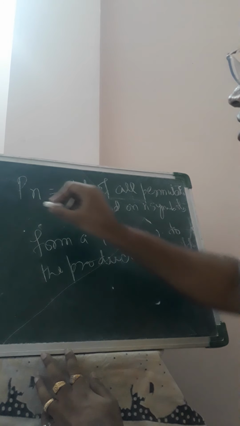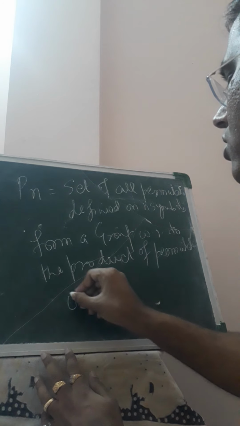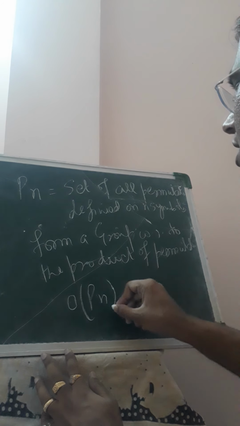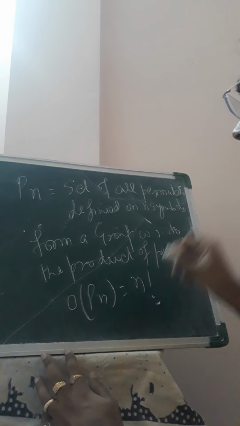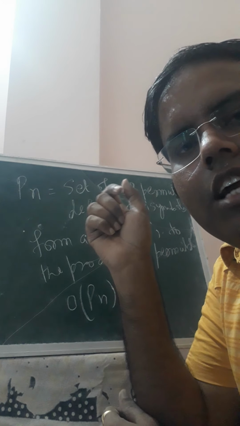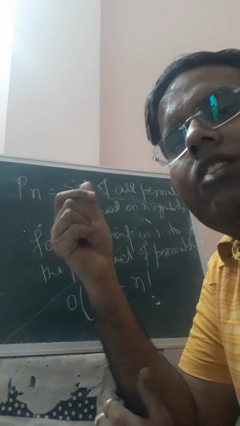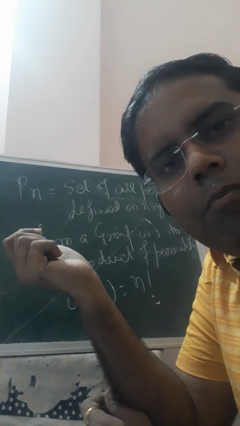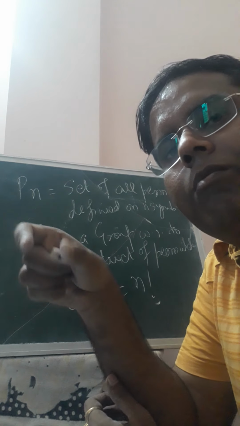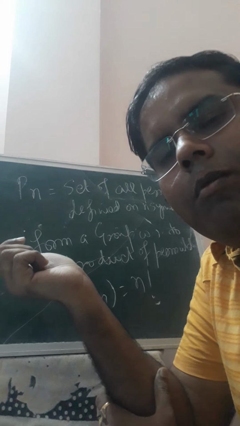And since there are total n factorial permutations on this set, the order of this set is n factorial. We can easily see that this set satisfies all the properties of a group. It satisfies the closure property, since the product of two permutations on n symbols is a permutation on n symbols.